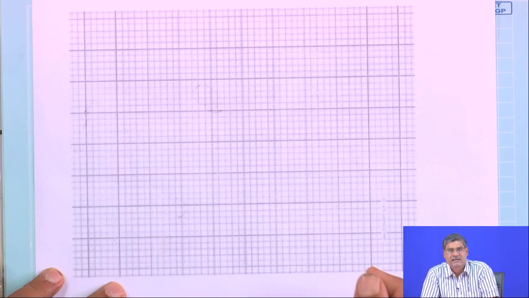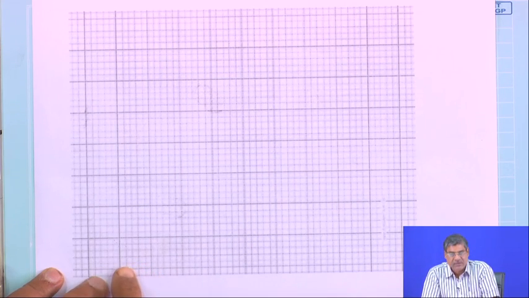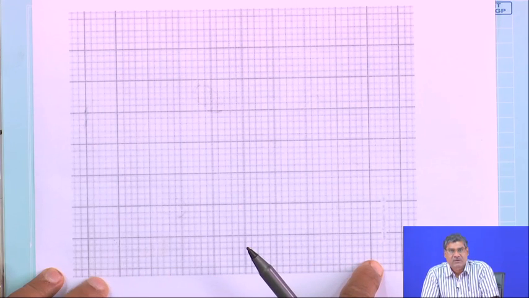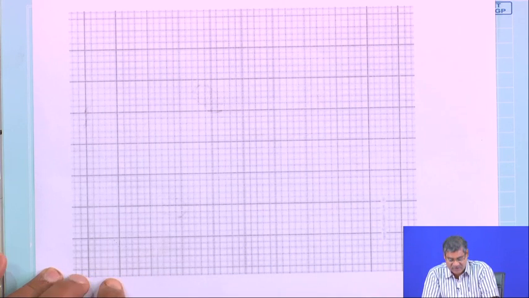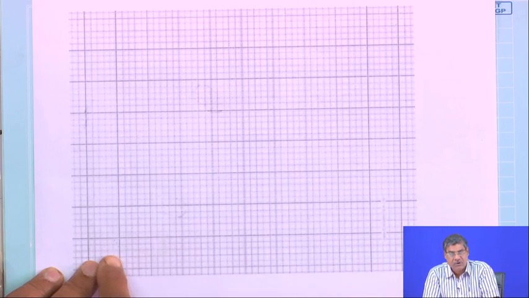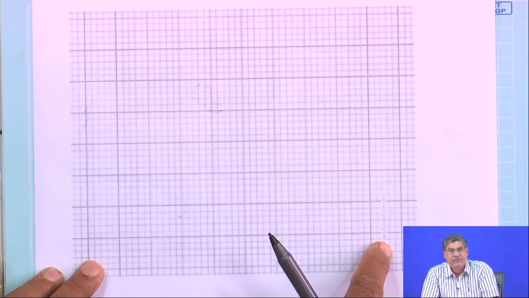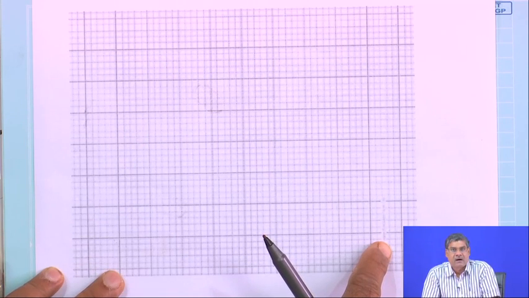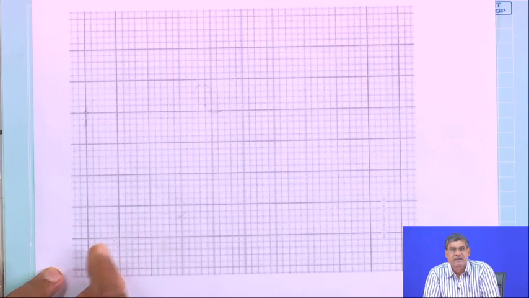If your data is in mass, in grams. Okay. So, data is there from 0 gram to, say, 1000 gram. Okay. So, here on the graph paper you have to consider one line. This we take as an axis. This horizontal line, one line we will take as an axis, that is the x axis.